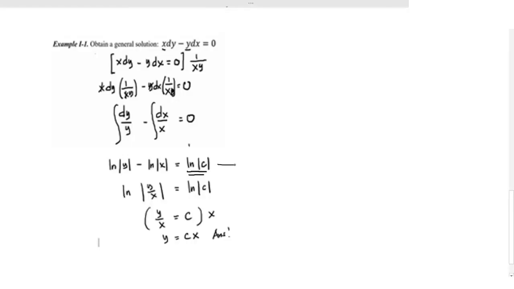So in this line, we will have ln of y minus ln of x is equal to the letter c only. Then we condense the ln terms. We have ln of y over x is equal to c. Then using the ln property, we have y over x is equal to e raised to c.